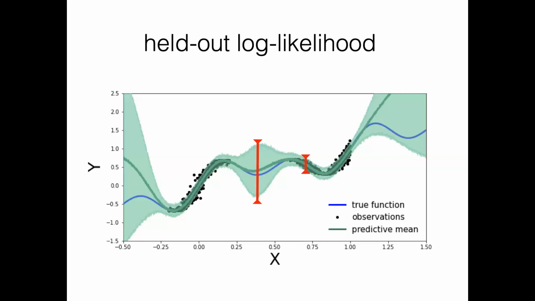So in the regression case, this observation noise is how we can quantify how tight or loose around the predictive mean we can be. Held-out likelihood gives you a better sense of how you're doing, but it's not perfect.